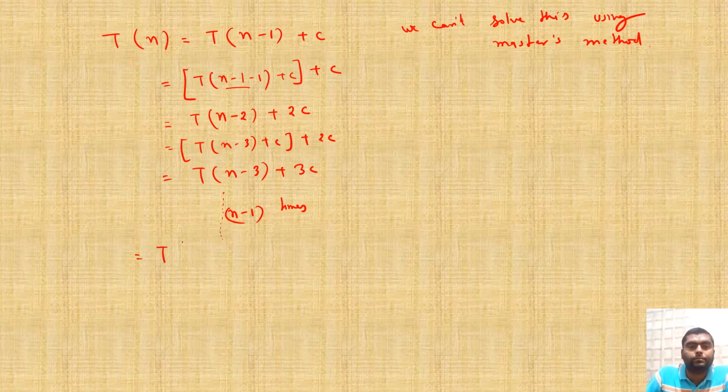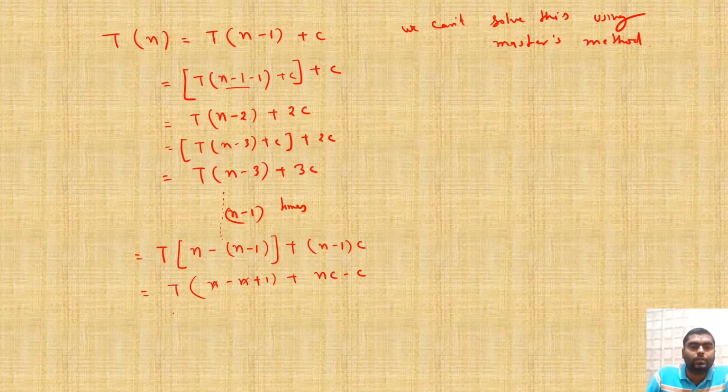So here you will get T of n minus, n minus 1 times, and plus n minus 1 into C. So you will get T of n minus n plus 1, plus nC minus C, and n and n get cancelled.